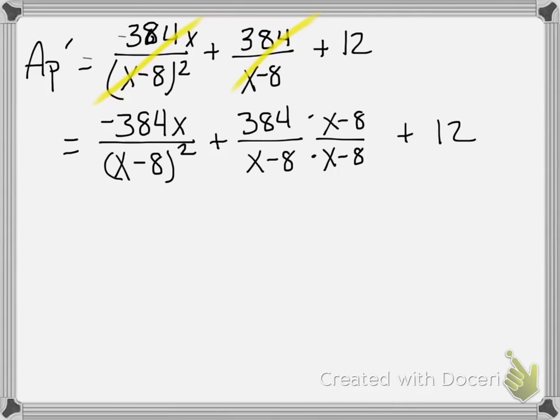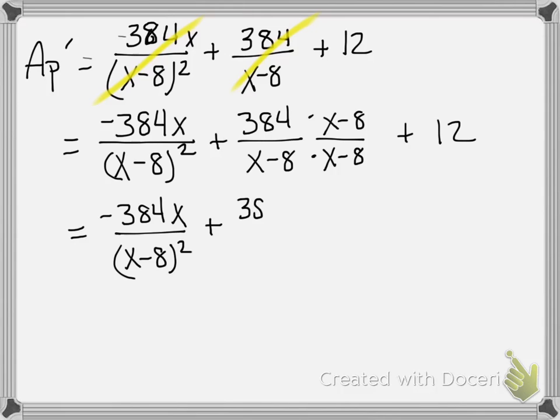So that will give us negative 384x over (x minus 8) squared plus 384x minus 8 times 384 is going to give us 3072, and that is going to be over (x minus 8) squared.